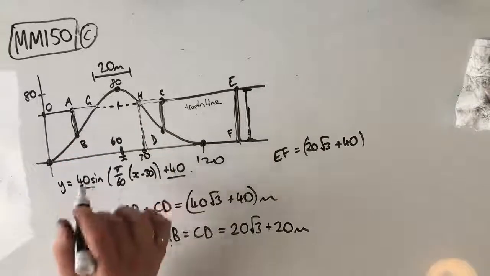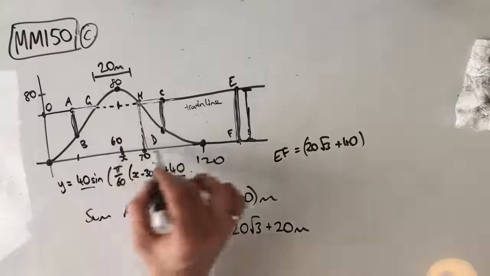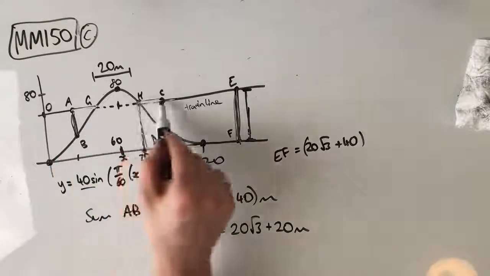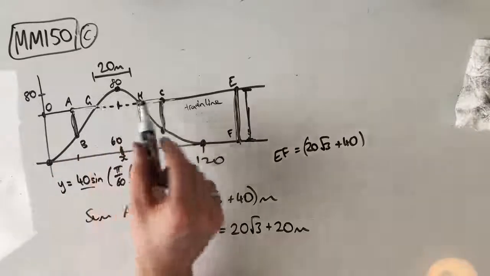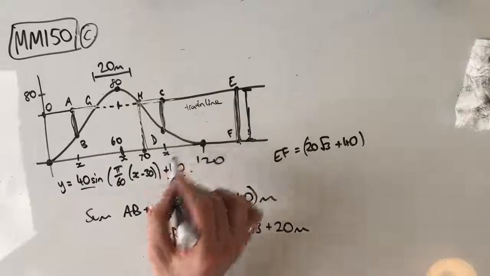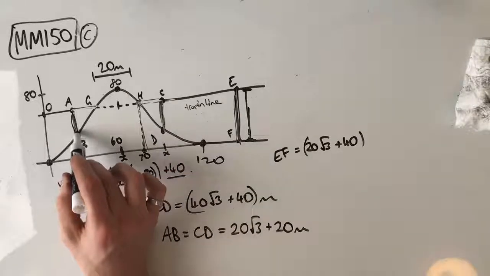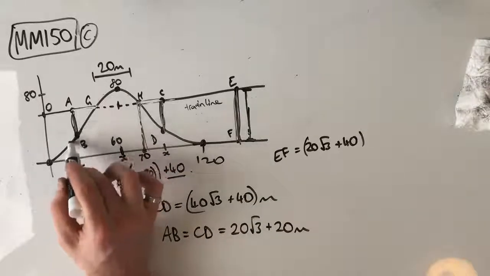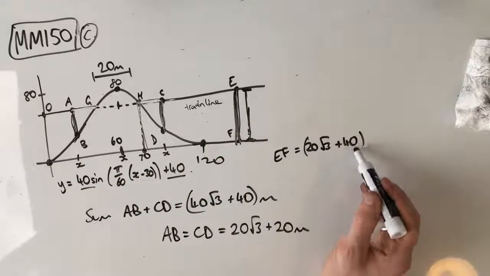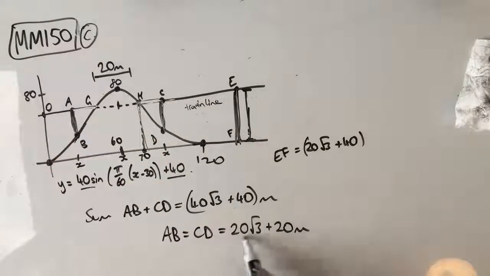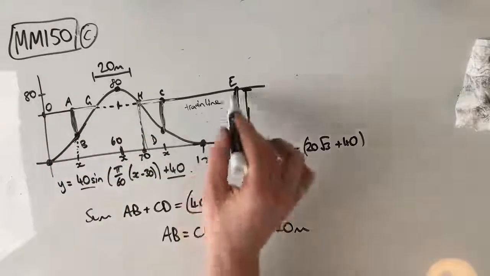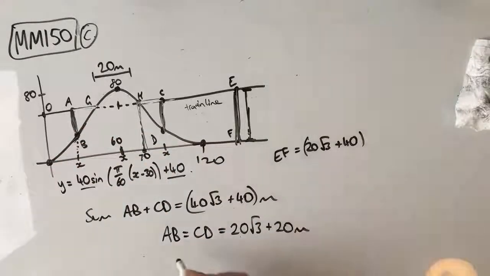That means, because what we're trying to figure out, right, is the distance from A to C. Because we can't figure out how long it takes the train to get from A to C if we don't know how long it is, right? So we need to find our x value here and our x value here. So we need to find our x value of the B point on this graph, okay? So if, like I said, EF is 20 root 3 plus 40 and AB is 20 root 3 plus 20, then from here to B is going to be EF minus AB, right?